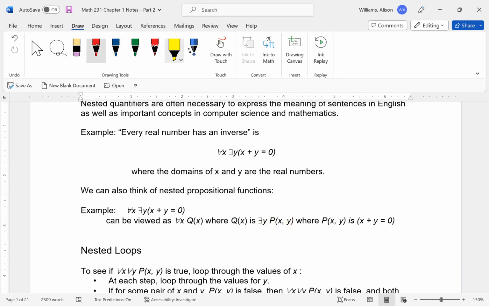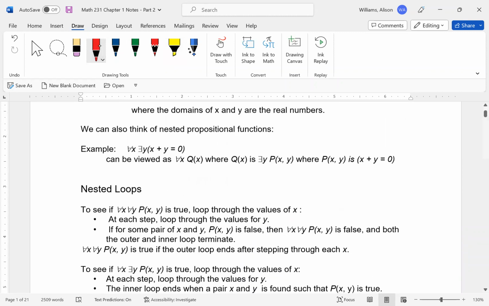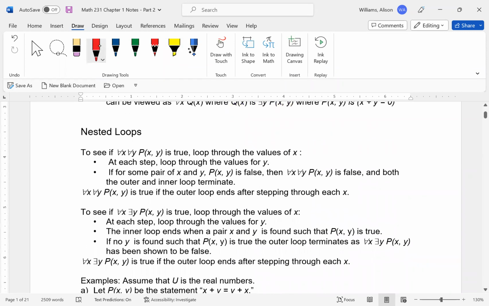But let's move on. Now, I pulled this right from the text. Well, I did edit it, so it's a little bit cleaner. But the idea of nested loops has a lot of applications in computer science. So when you are checking to see if this statement is true, that means you have to go and check every single one, every single x and every single y.